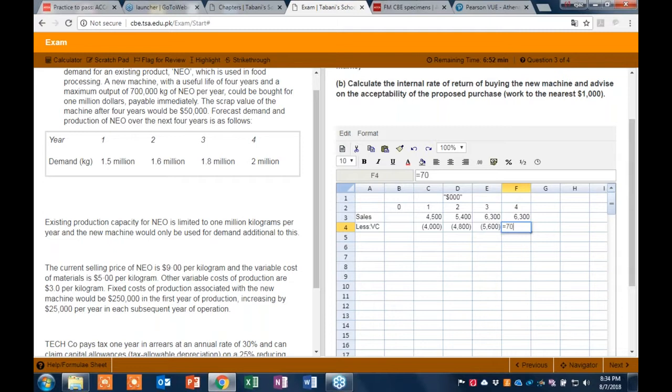And we have 700 into 8. So then we have fixed costs, which according to the question, fixed cost is $250,000 in the first year. So minus 250.